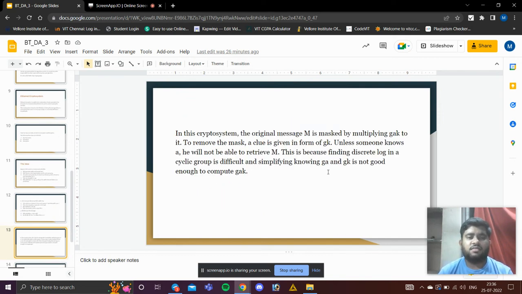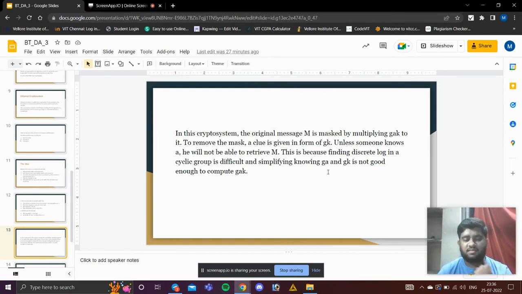In this crypto system, the original message M is masked by multiplying G^AK to it. To remove the mask, as we saw, a clue is given in form of G^K. Unless someone knows A, he will not be able to retrieve M. This is because finding discrete log in a cyclic group is difficult, and simply knowing G^A and G^K is not good enough to compute G^AK.